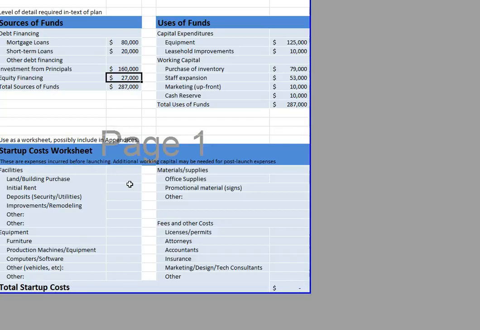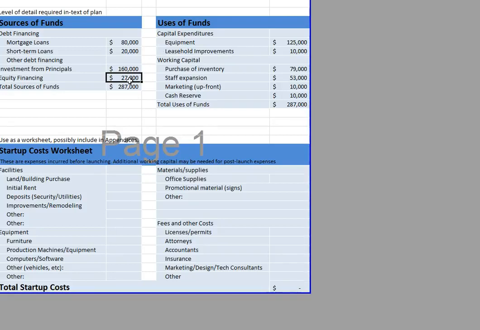So for our plans, we're assuming that you're looking for equity investment, even though that might not be what you want to do for your particular situation. You're just trying to get this idea of how this works.